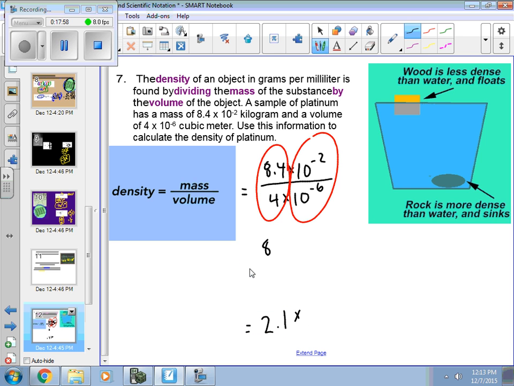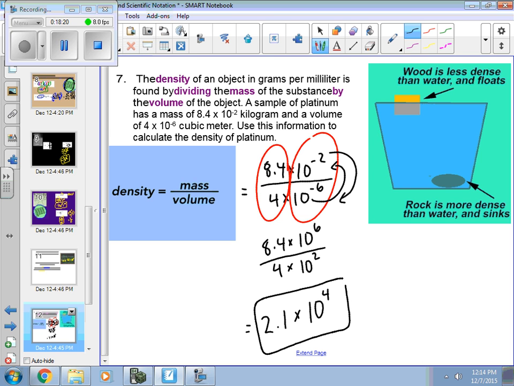If we move this one up and this one down, this would be 10 to the positive 6. And this one would become 10 to the positive 2. Now it's a little bit easier to subtract these. If we take 6 and subtract 2, this is going to end up being 10 to the 4th power. So that would be our density of this object. And it would be in, looks like kilograms per cubic meter. That's how you would write the density.